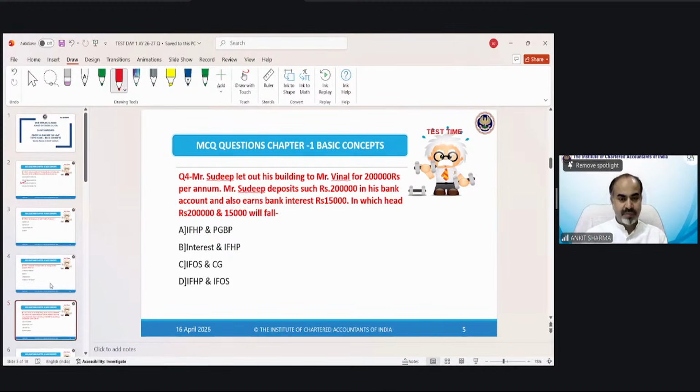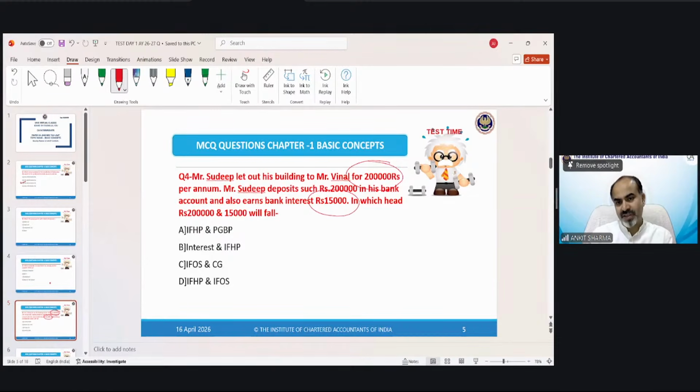Question number 4. Mr. Sudeep let out his building to Mr. Vinal for 2 lakh rupees per annum. Mr. Sudeep deposits such 2 lakh rupees in his bank account and also earns bank interest of 15,000. So technically, Mr. Sudeep is earning 2 incomes, 2 lakh rupees rental income and 15,000 rupees interest income.